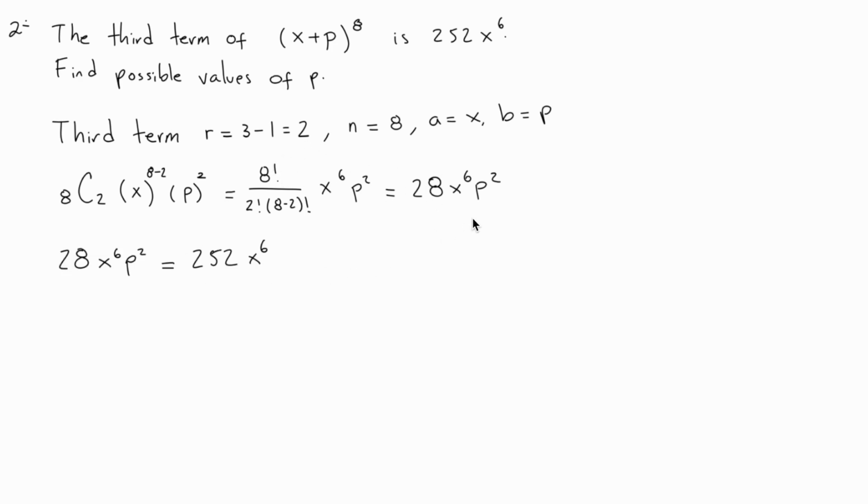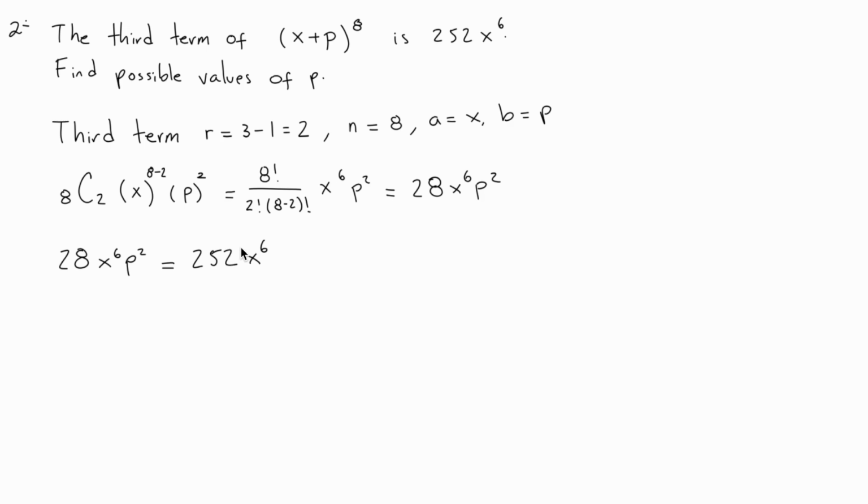Now that I know this is the third term, I want this third term equal to the term that I gave you. So I have 28 x to the power of 6 p squared, the term that I got using the formula, equals the given term 252 x to the power of 6. What can I do to solve for p?